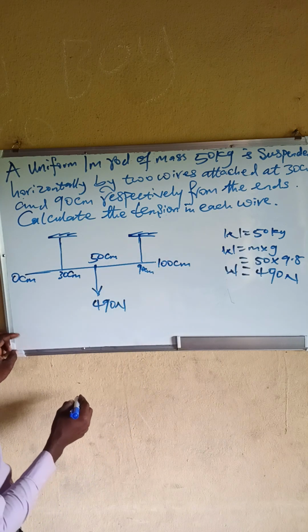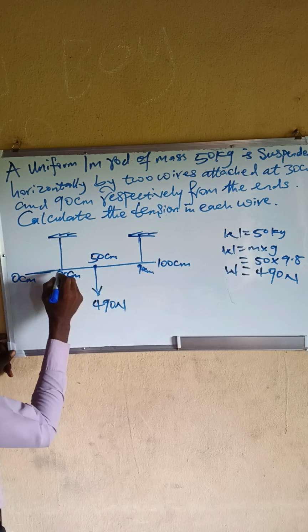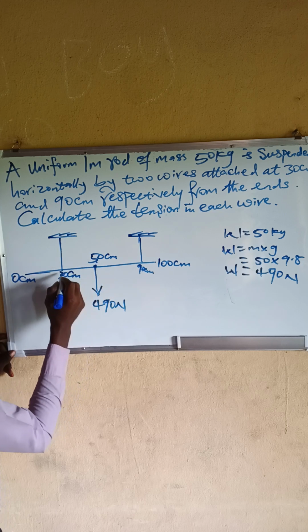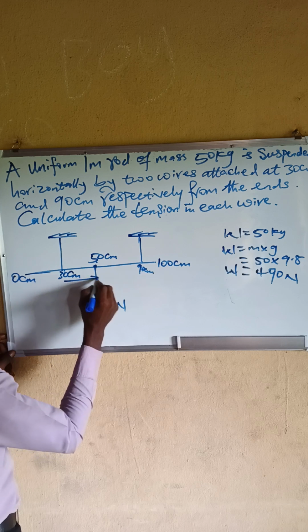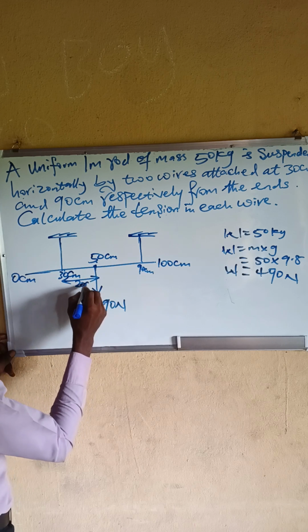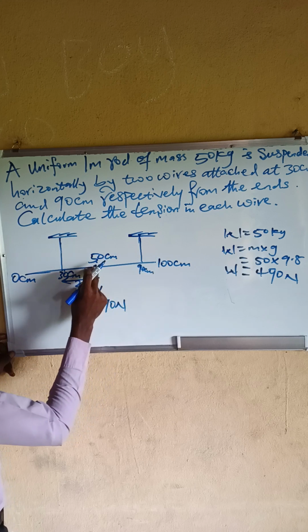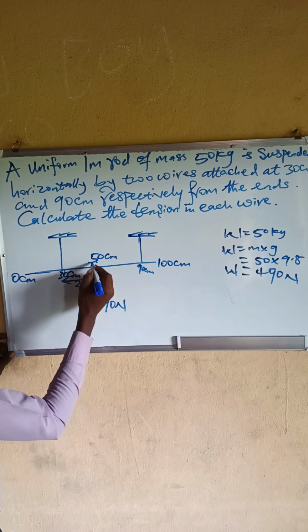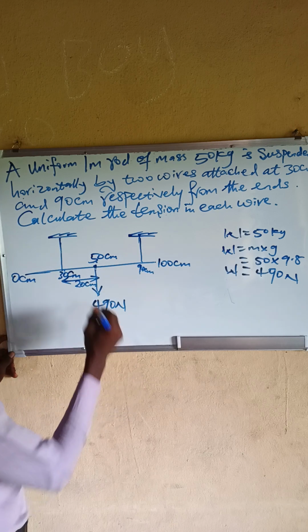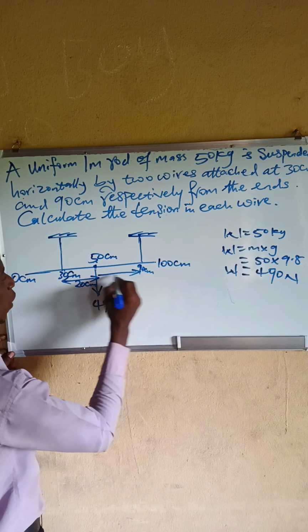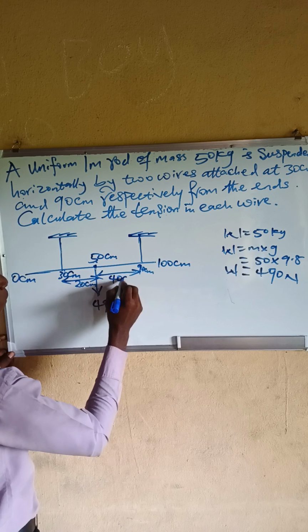Okay. Now what to do? From here to this place, it's going to be 50 minus 30, which gives us 20 cm. From here to here, it's going to be 90 minus 50, which is 40 cm.